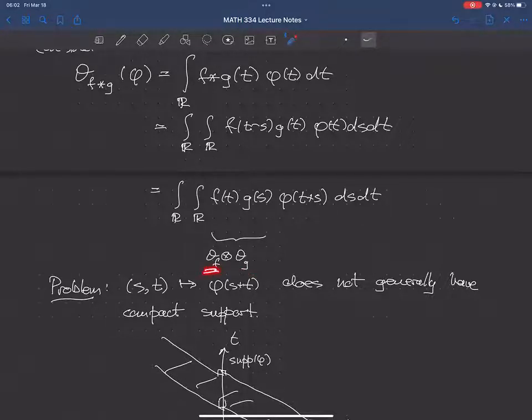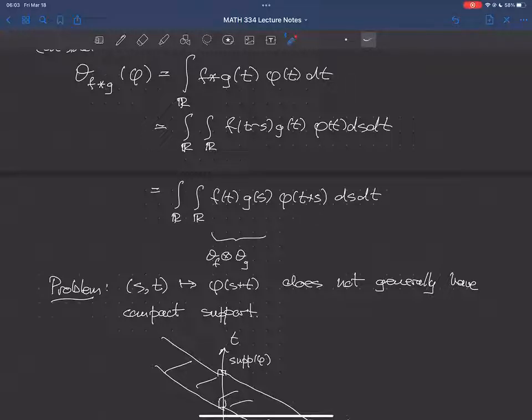In this case, the distributions are theta f and theta g, but generally they could be theta and rho. You need some kind of compatibility conditions to ensure that the convolution exists, meaning that when you give it an argument like this function of two variables, that somehow makes sense. Because it doesn't make sense just on its face. All right.